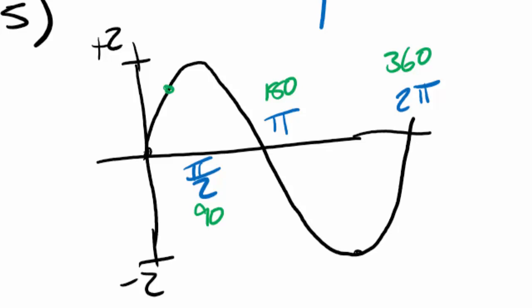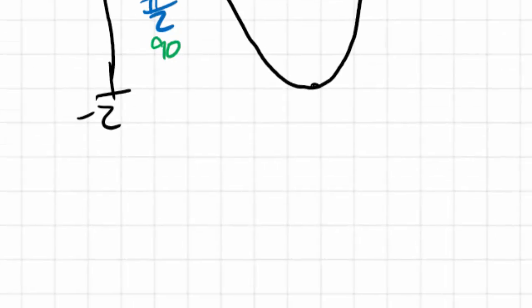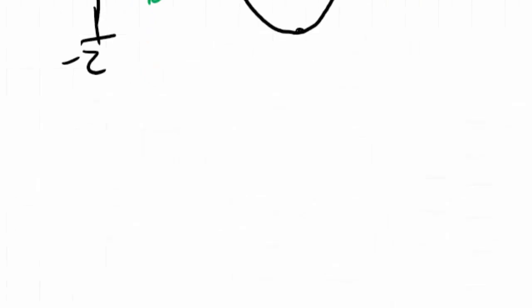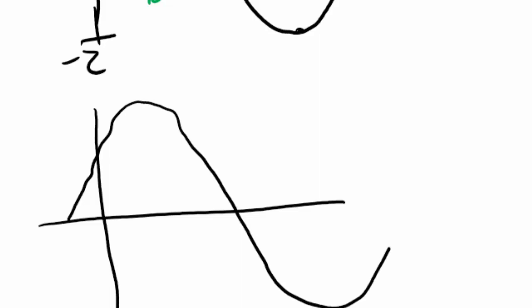So when theta is 0, the value of the curve is about 1.5, which means that I now need to move that graph to the left so that that point, the green point there, is on the axis. So what that's going to do is give me, let me just move that up a bit, that's going to make the curve, so we'll draw that again, it's going to look like this. Sorry about it being so wiggly.